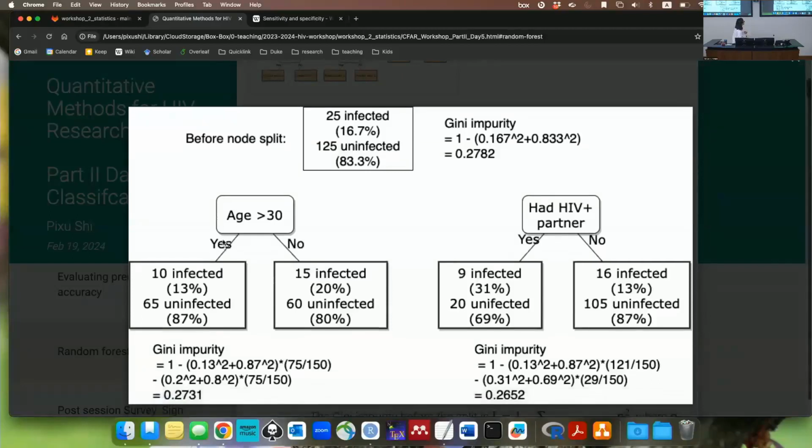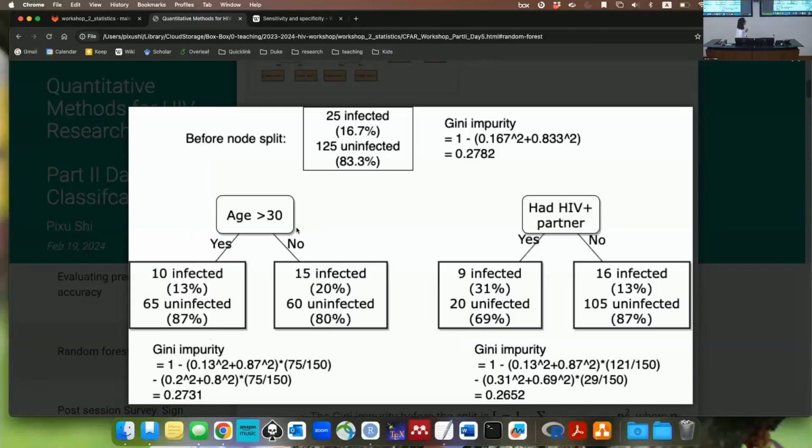So for each split of the tree node, we're going to explore all of the predictors. And for continuous predictors, you're going to explore all the cutoffs. For age, you're going to search the age range and find the cutoff that gives you the best split. And for all of the predictors, you're going to randomly choose one of them and see how much you can decrease the Gini impurity.